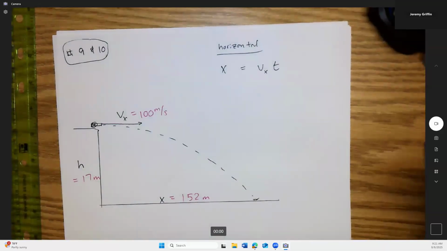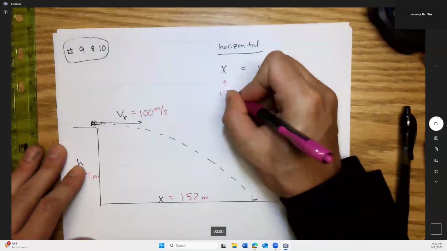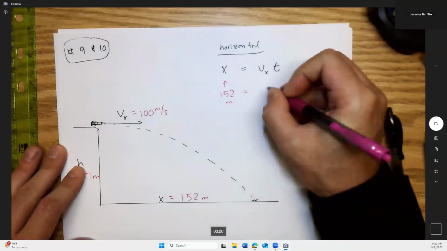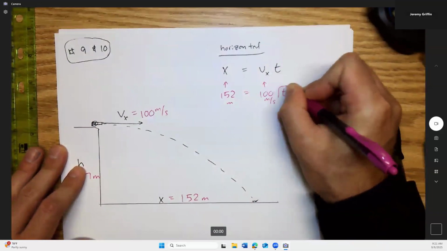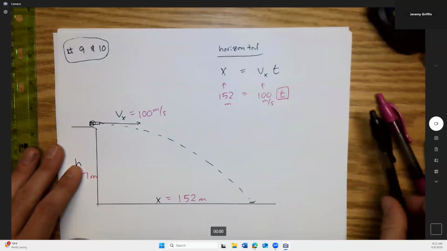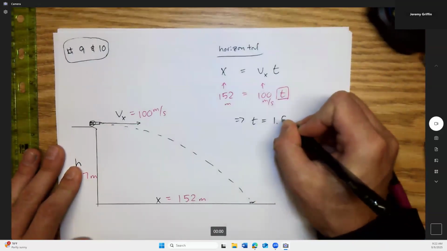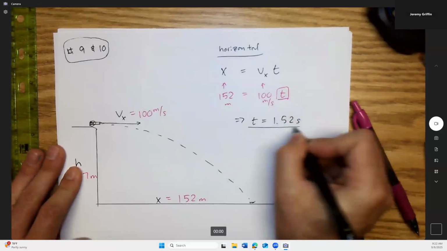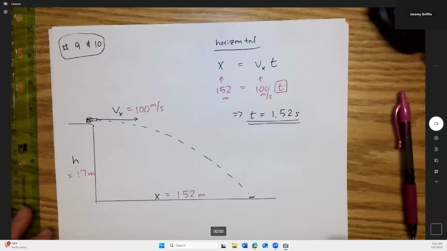It's always going to be x equals vt. Plug some values here. I know it goes this many meters across at the speed across for some amount of time to crash land. Therefore, t equals this many seconds. You guys got the time for yours also? Everybody's got their time, right?